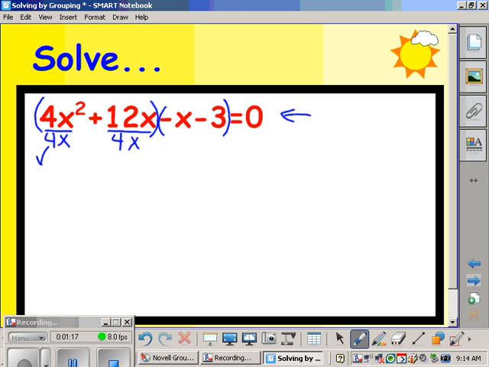So the greatest common factor will come to the outside of the parentheses, and then we'll simplify the inside to see what remains. 4x squared divided by 4x, if we remove the 4's because when we divide those they equal 1, and we subtract the exponents of the x's, we simply have an x left. For our second term, 12x divided by 4x, the 12 and 4 divide to 3, and the x's cancel. And let's move this parenthesis over just slightly.